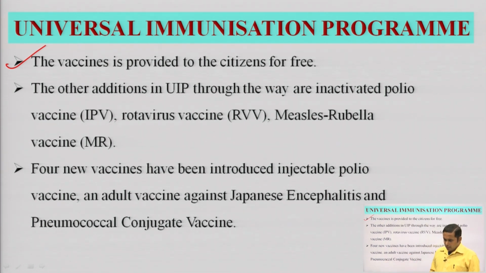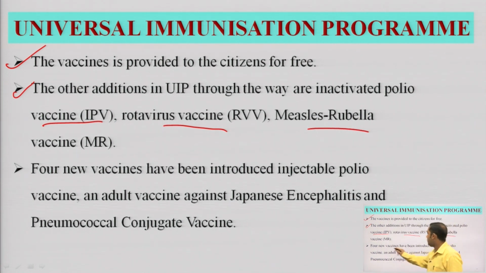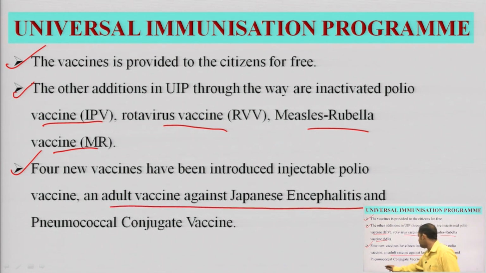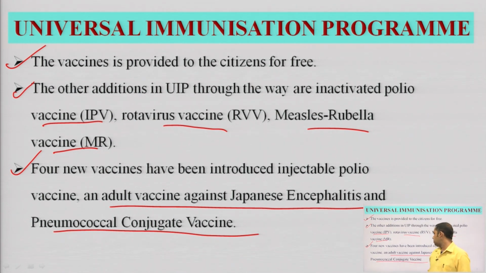The other additions in the universal immunization program are the inactivated polio vaccine, rotavirus vaccine and measles rubella vaccine. Four new vaccines have been introduced: injectable polio vaccine, an adult vaccine against Japanese encephalitis, and a pneumococcal conjugate vaccine.